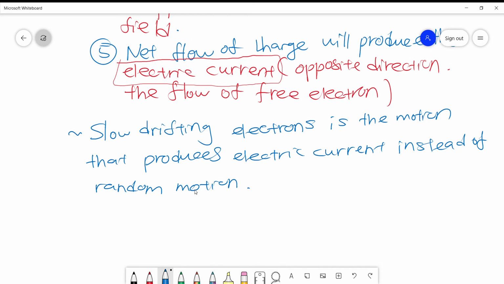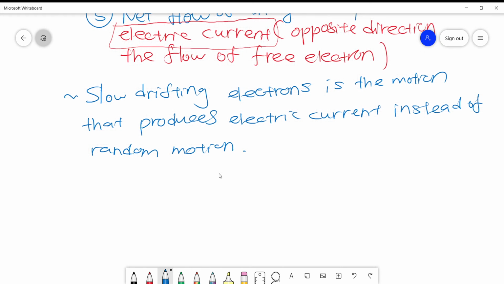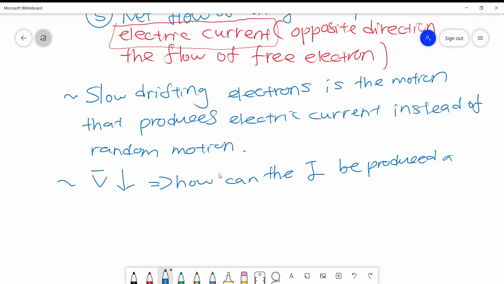The next part is about how the drift velocity can produce the electric current instantly.